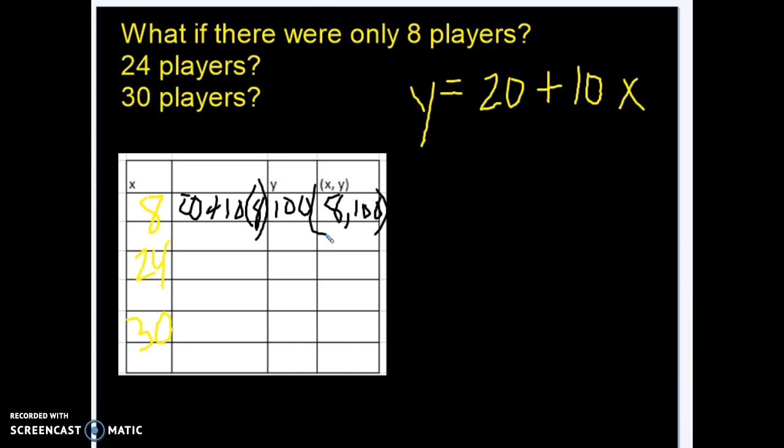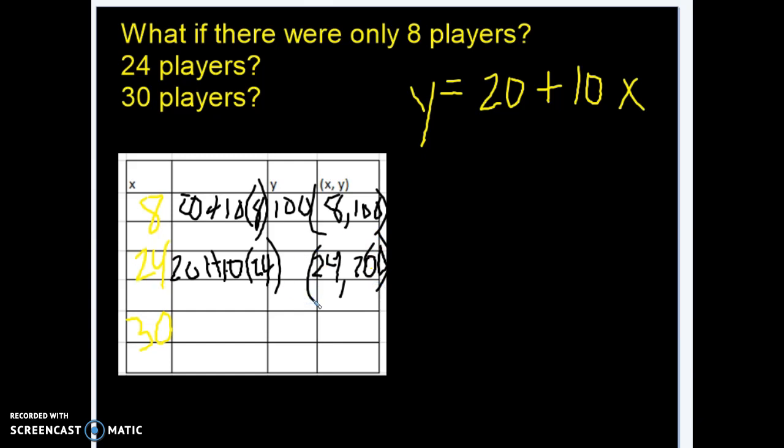On the second one, we have 24 players. So again, we pay $20 for the artwork, but then we pay $10 per jersey. And since there are 24 jerseys, we're going to do 24 times 10, which is 240, plus 20 gives us 260. So the ordered pair here would be 24, 260.